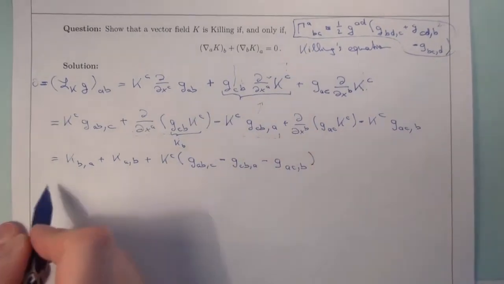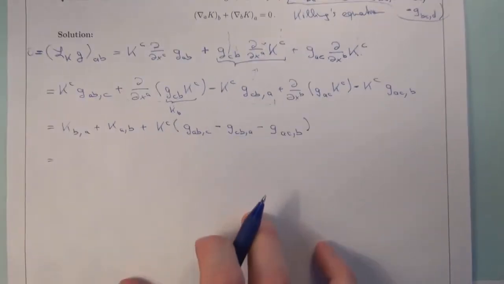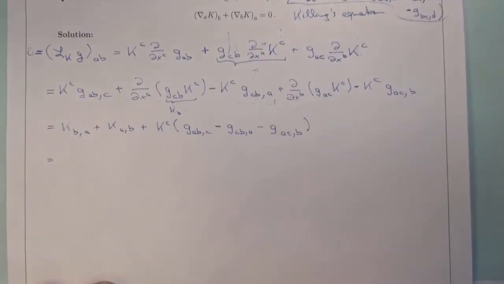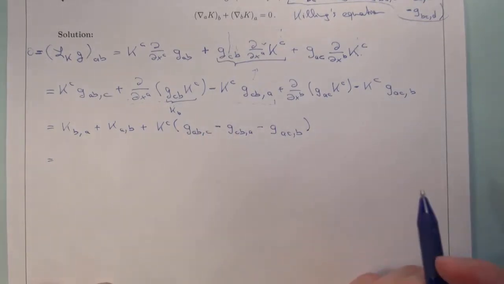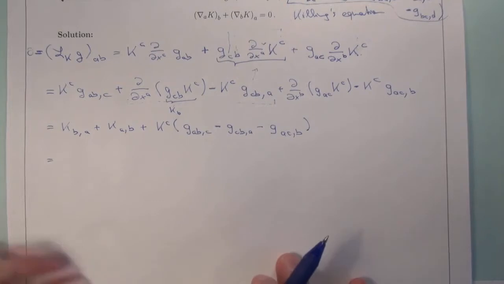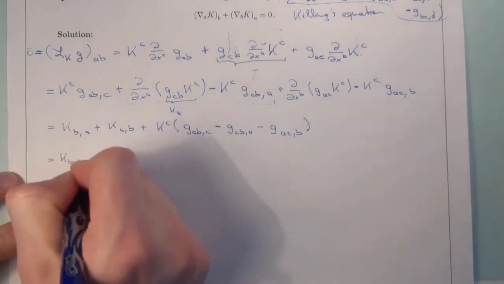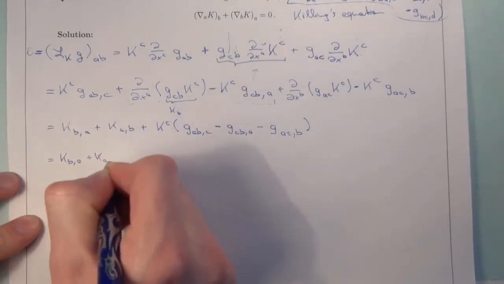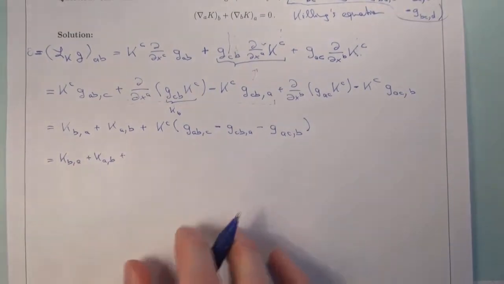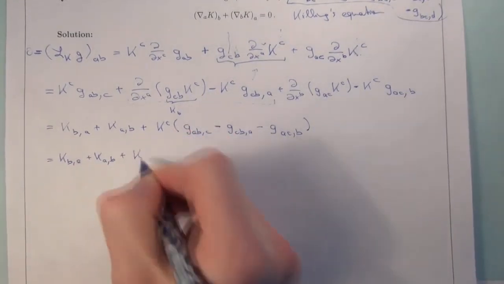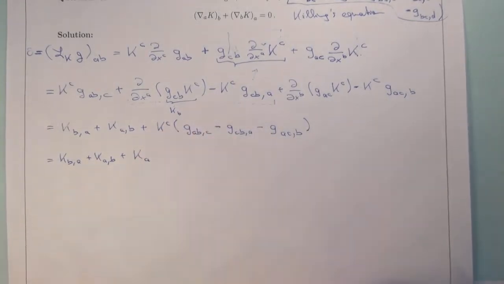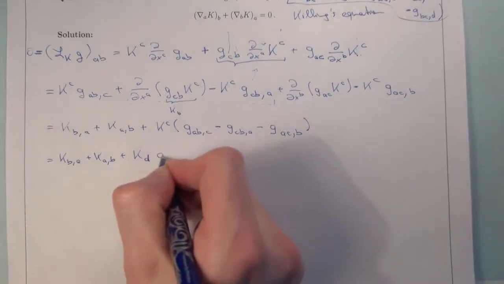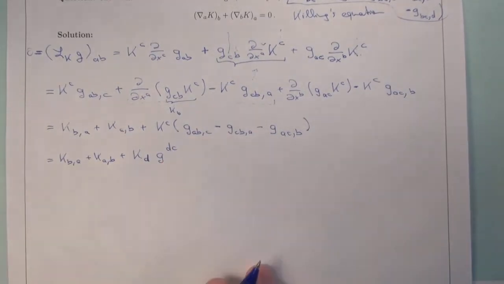Okay, and now we need to have a closer look at this one. So we just keep these two and do this step by step. Plus, so K^C can also be written as K_D, let's say. We have no D in there, but G^{DC}.